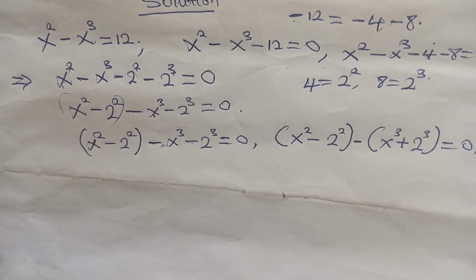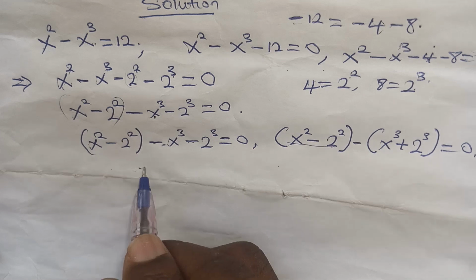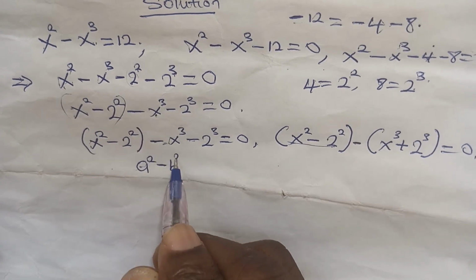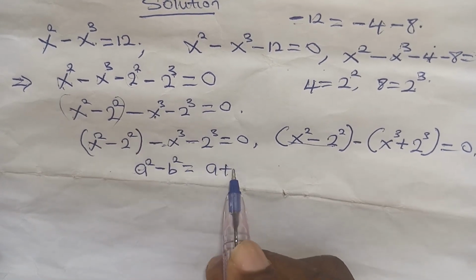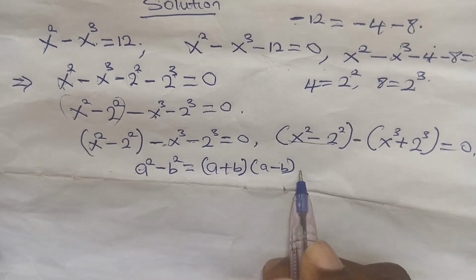Having done this, what are we simply going to do? This is a difference of squares, which we can write. If you're having a squared minus b squared, it equals a plus b times a minus b.